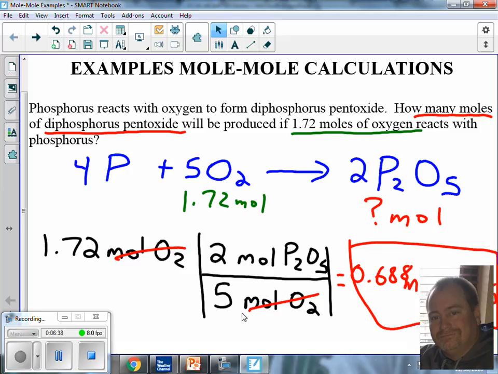I put 5 mole of oxygen down on the bottom because here I knew that I wanted mole of oxygen to cancel, right? And when I go up here in my balanced equation, my molar ratio is 5 mole of oxygen. I knew that I wanted to convert this into moles of diphosphorus pentoxide. So when I look up here, here's mole of diphosphorus pentoxide. I come up to my balanced equation. What's my number that goes with that? 2. That's why I've got the 2 mole of P2O5 over 5 mole O2.